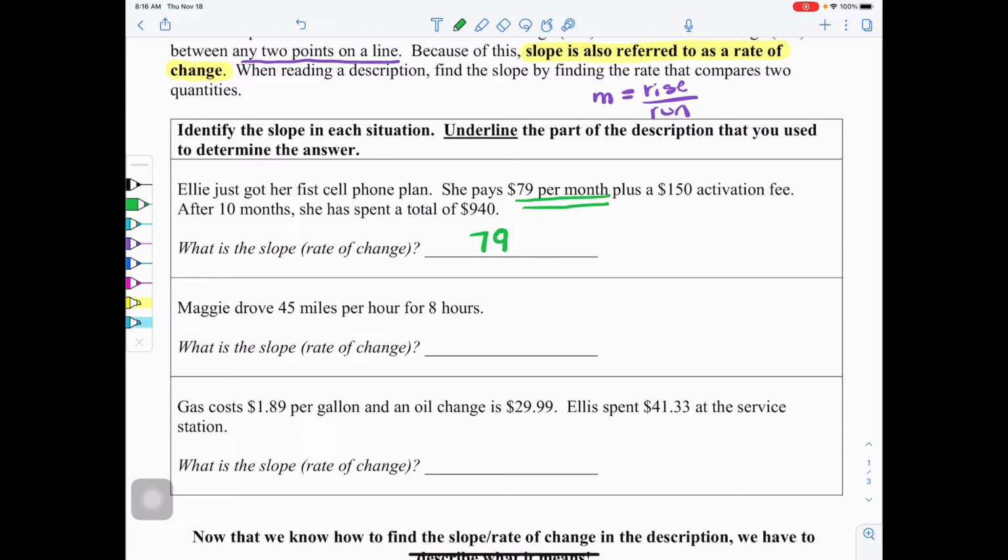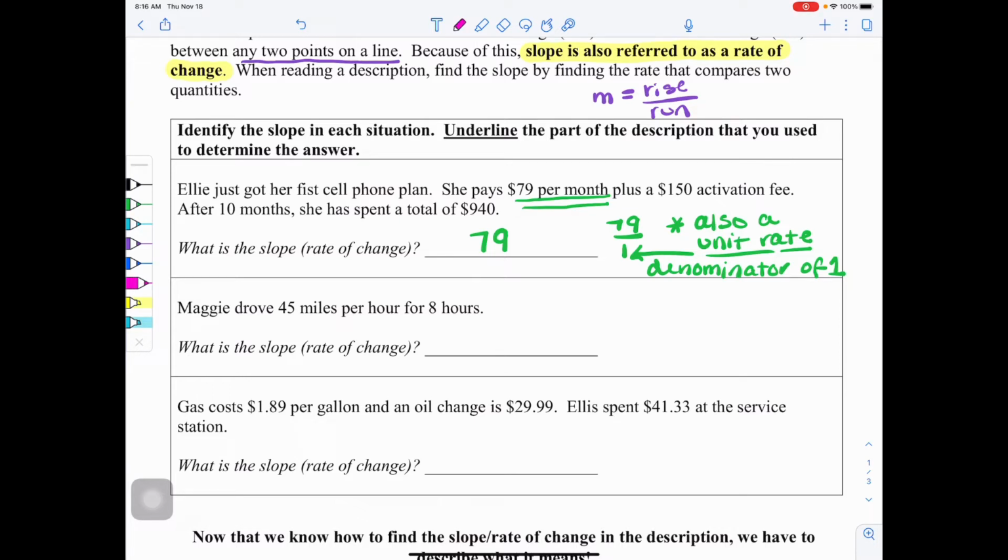Now, because it's 79 per month, like 79 over 1, this is also an example of a unit rate. If you are a unit rate, you have a denominator of 1. As we go through the lesson, we'll also pay attention to which ones have been simplified down to a unit rate.